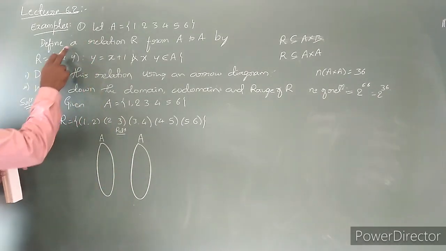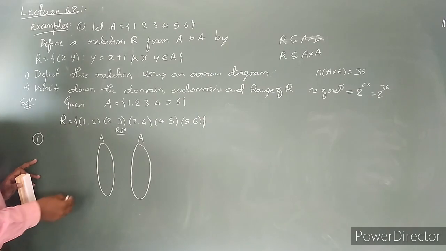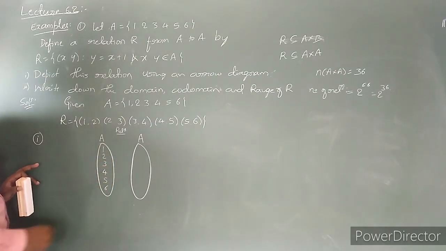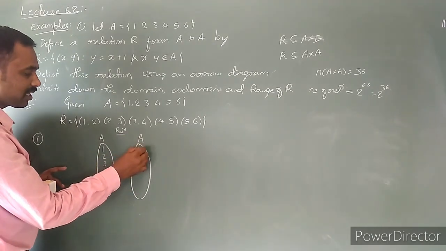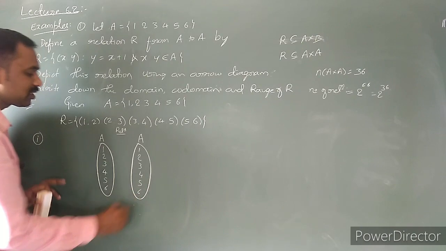What are the elements present in set A? Set A elements are 1, 2, 3, 4, 5, 6. Again, in place of set B, set A: 1, 2, 3, 4, 5, 6.